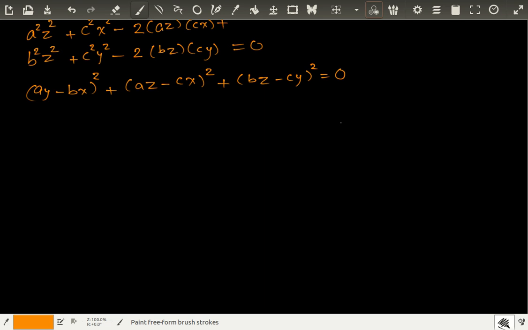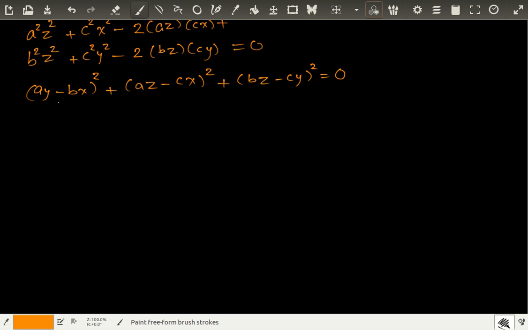Now you see that we have 3 square terms. So what we know is that each of these terms is going to be positive because it is a square, or it can be 0. So how do we add 3 positive numbers to get 0? There is only one way you can add 3 positive numbers to get 0, and that is if each of these terms is itself 0.